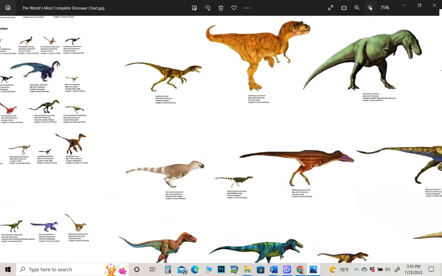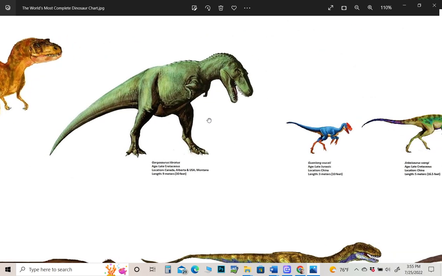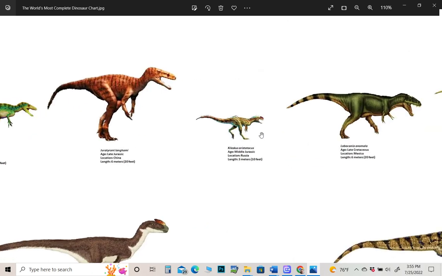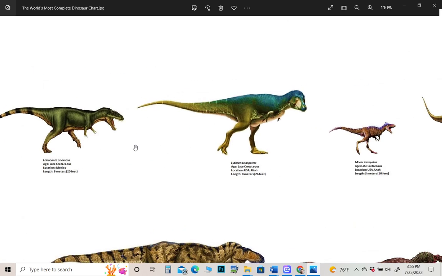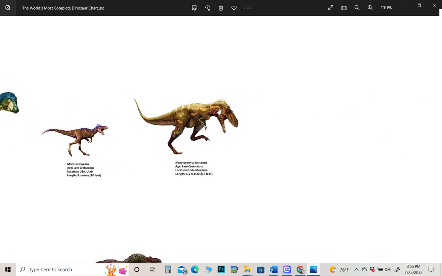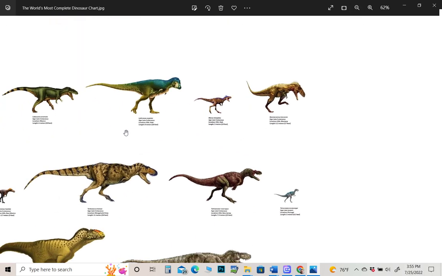We have down here Eotyrannus, Fudibosaurus, Gorgosaurus, Guanlong, Genbisaurus, Duratyrant, Colescus, Lebocania, Lythronax, Moros, and Nanotyrannus, which may very well be a juvenile Tyrannosaurus rex. I think there's a little bit of debate about it.